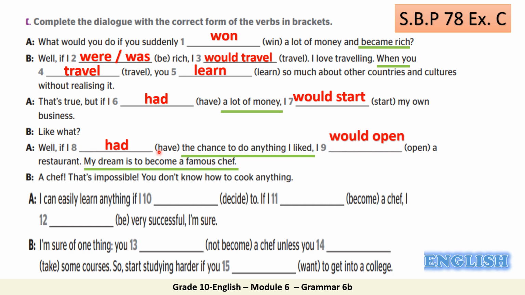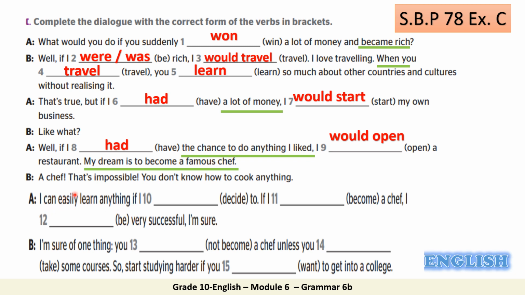And note here, he said, my dream is to become a famous chef. It means he's talking about his dreams. So it's an unreal or imaginary situation. A chef, that's impossible. You don't know how to cook anything. I can easily learn anything if I decide to.